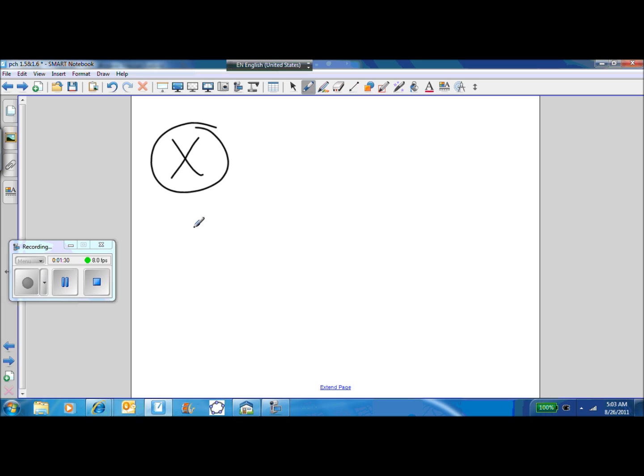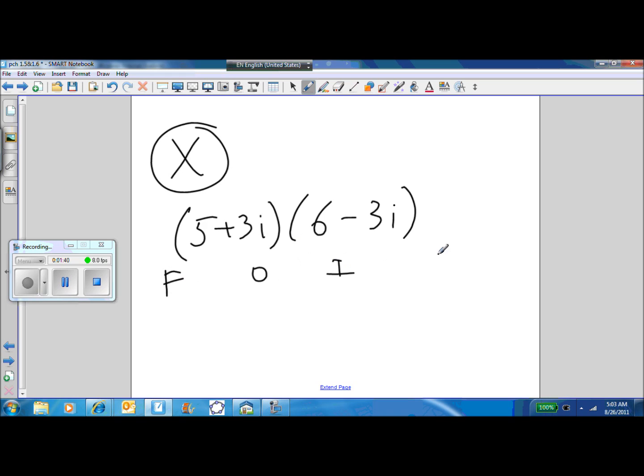Multiplication gets that extra little step in there, because when you multiply complex numbers, 5 plus 3i times 6 minus 3i, you end up doing FOIL, much like you do 5 plus 3x times 6 minus 3x. First would be 30. Outer would be minus 15i.